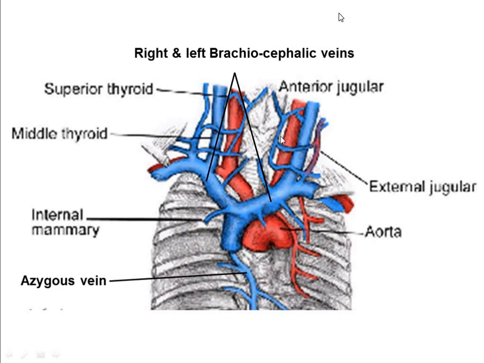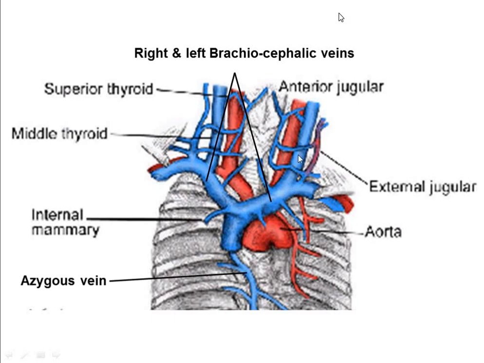In this picture, you can see the superior vena cava formation by joining of the left brachiocephalic and right brachiocephalic vein. The brachiocephalic veins are formed by joining of the internal jugular vein with the subclavian vein on either side. That is, left internal jugular vein with the left subclavian vein forms the left brachiocephalic vein.